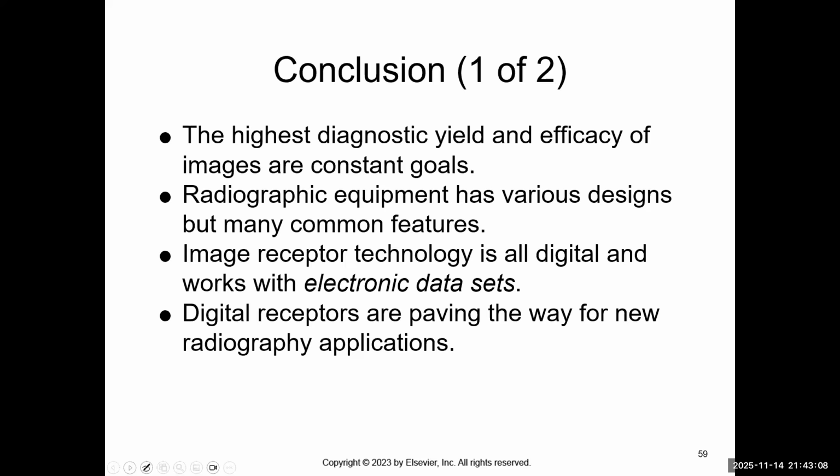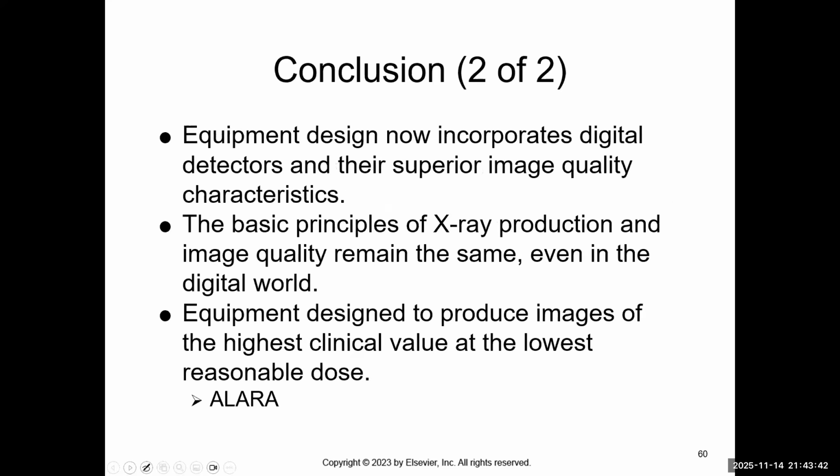In any case, with the CR detectors and also with the DR detectors, they create electronic data sets, which will be turned into a signal, and that signal, of course, will show up as our manifest image. We also talked a little bit about some advancements in terms of digital detectors and how they continue to evolve, and they allow for new ways for us to take x-rays at, of course, a lower, also safer dose. And of course, we're more efficient because we can get that image faster.